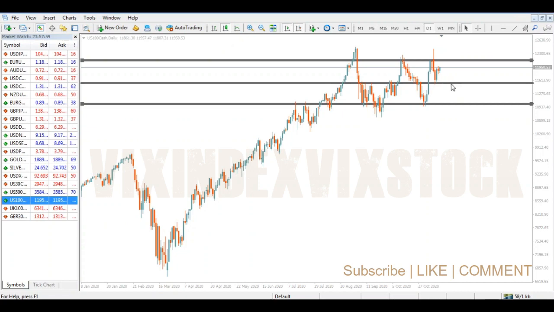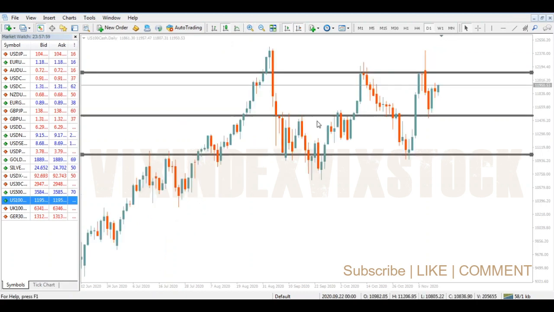So basically, as you can see from our quick plotting on the daily chart, the market is in a bit of a range here. We are not sure whether the market is going to continue going up yet.